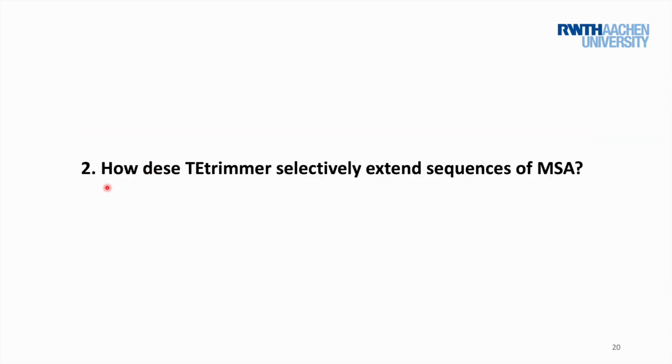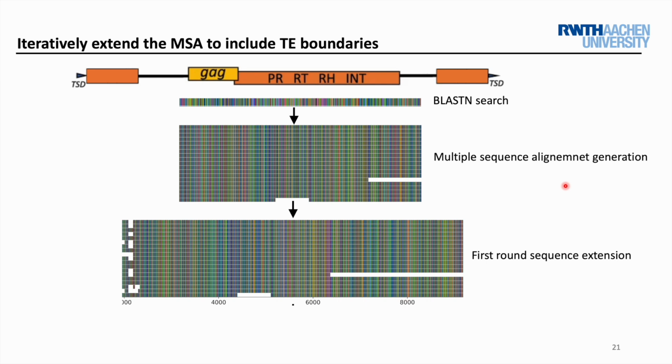Then to the second one, how does TEtrimmer selectively do sequence extension of multiple sequence alignments of TEs. In the traditional manual curation, you do multiple sequence alignments, and obviously you have to extend the left side and right side of the multiple sequence alignments until you find the boundary. But in the real case, you have to extend the multiple sequence alignments iteratively.